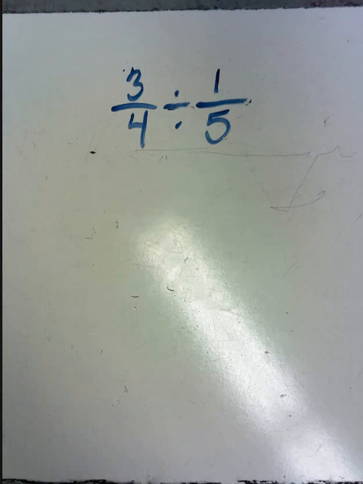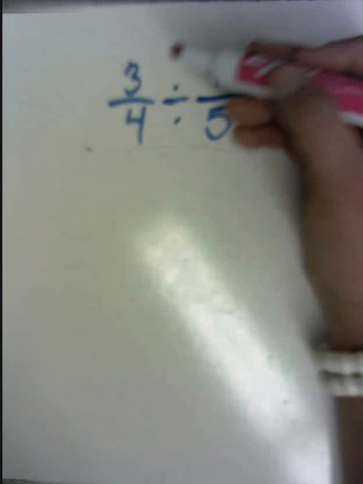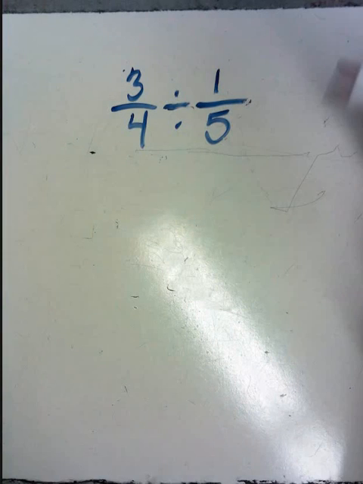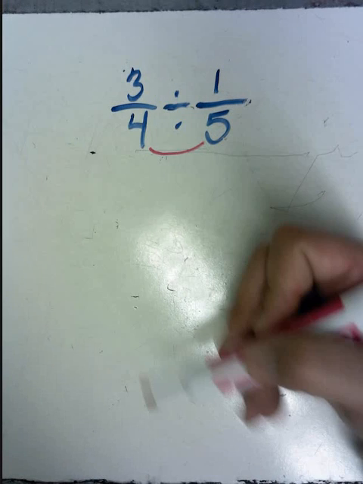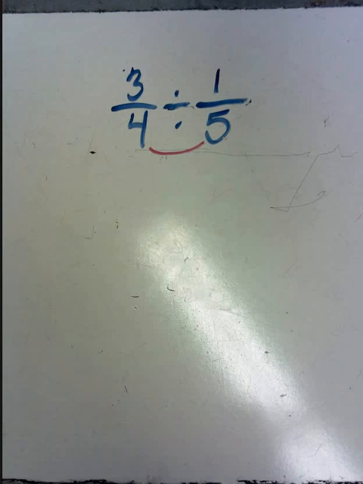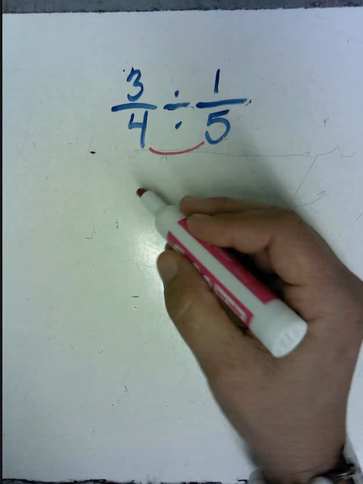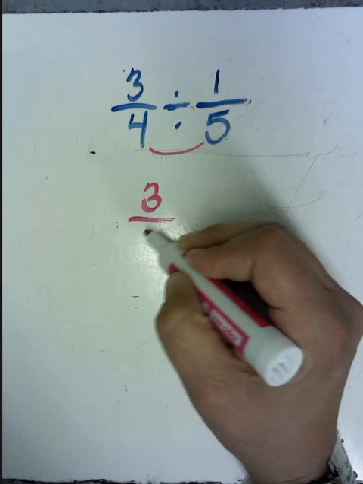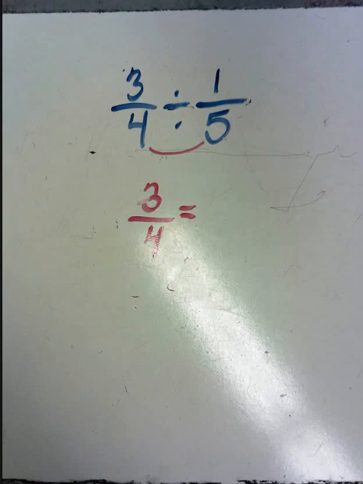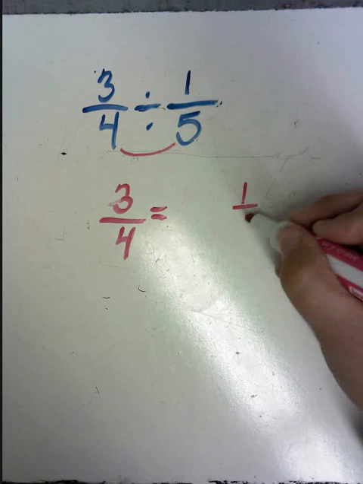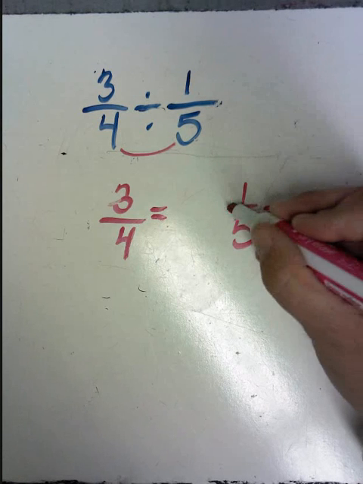Well, the model is going to be tricky unless I find a common denominator with the 4 and 5. So right down here, I'm going to write 3/4 equals, and then I'm going to write 1/5 equals. I have to find a common denominator when I draw my model, because I need the same amount of pieces.